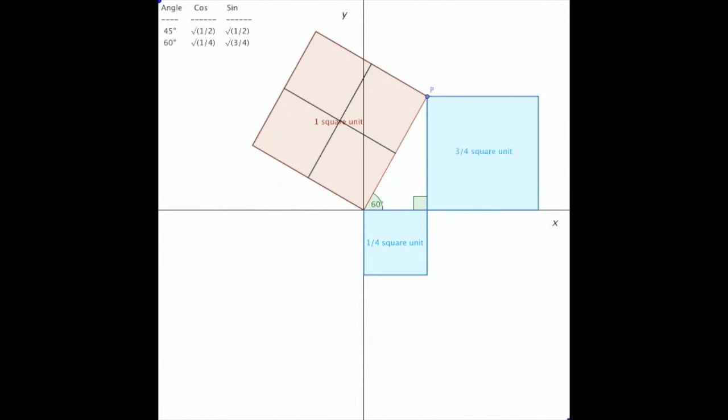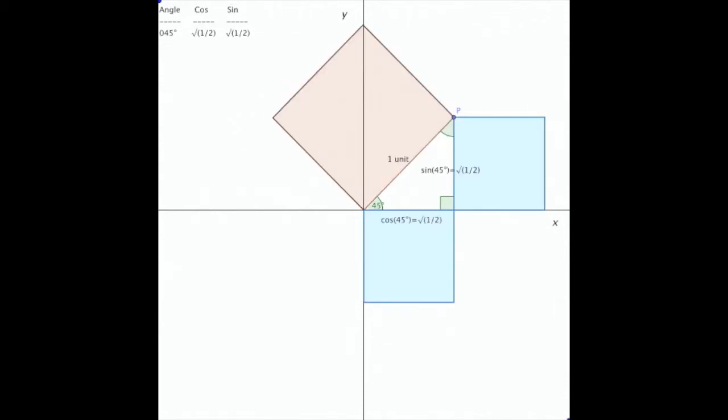And as the areas of the two smaller squares add up to the area of the larger square, the next smallest square must have an area of 3/4 of a square unit. Notice that at the top left I've recorded the sine and the cosine of 60 degrees. Those are the side lengths of the 3/4 square unit and the quarter square unit.